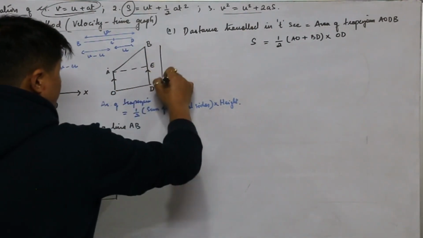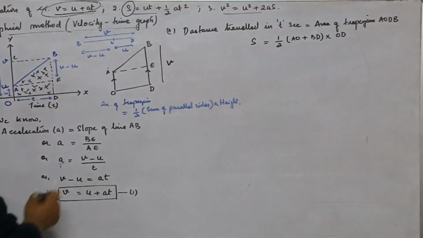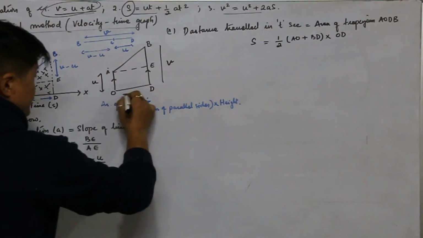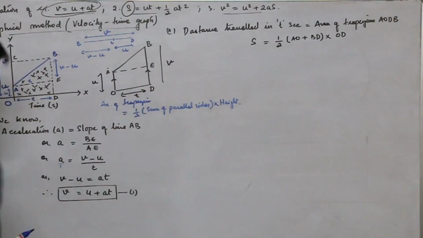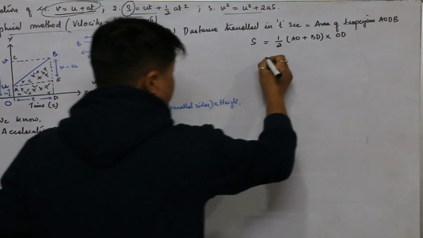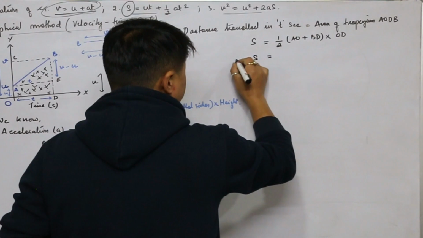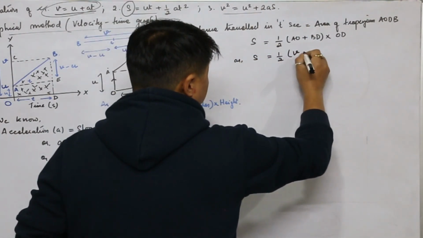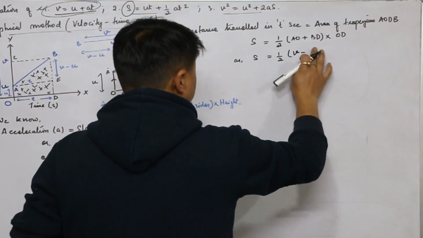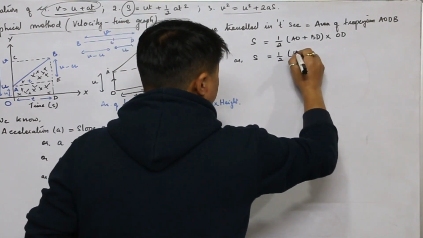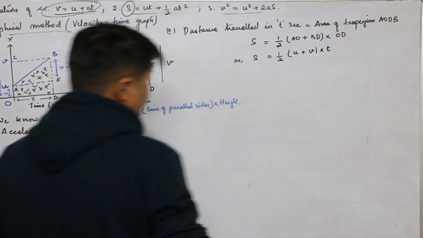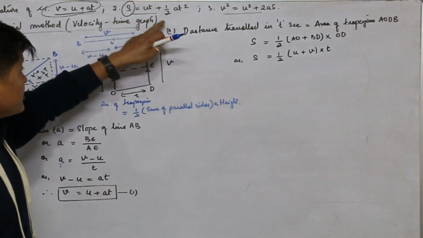BD, this entire point is here V, and AO is here U, and this is T. We know all these terms. So S is equal to half into (U plus V) into T. So we are trying to derive this equation.